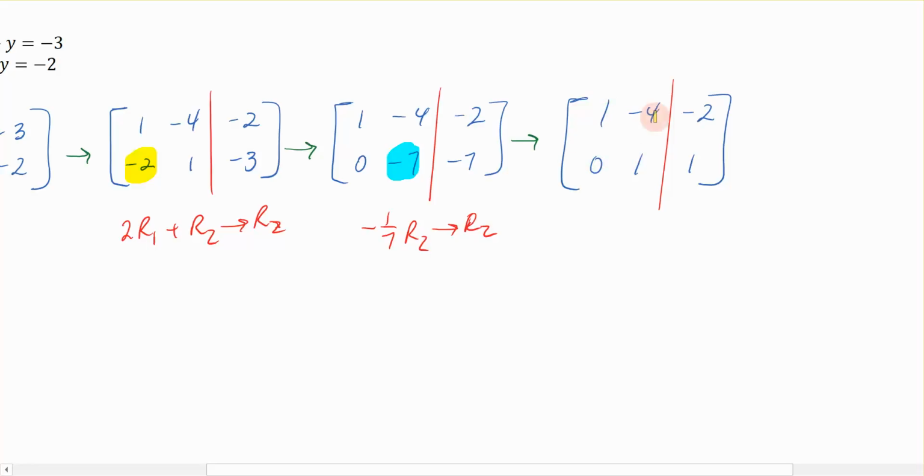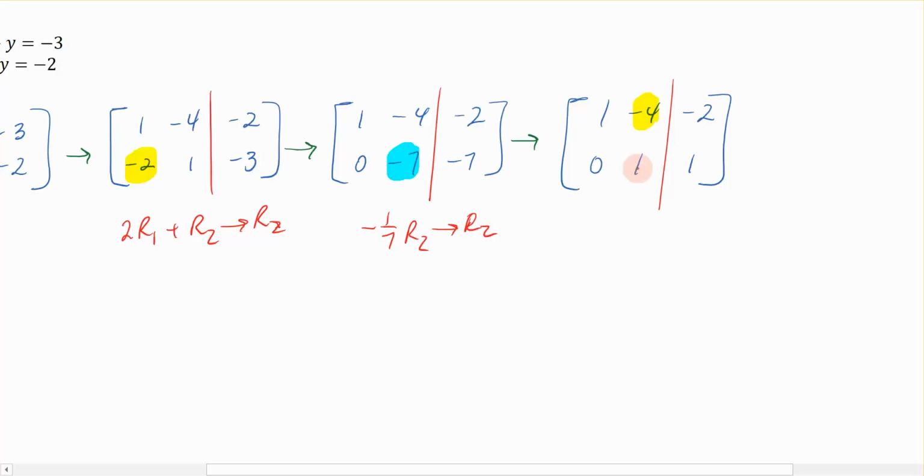So I have this new matrix here with zeros below the diagonal and a 1 here. The last piece I need to change is right above that. This is going to become a 0 as well. And just like over here, when we multiply and add something to get the 0, that's what I'm going to do. When we multiply and add, we always are doing it to the row I want to change. So I'm going to multiply row 2, add it to row 1 to get the new row 1.